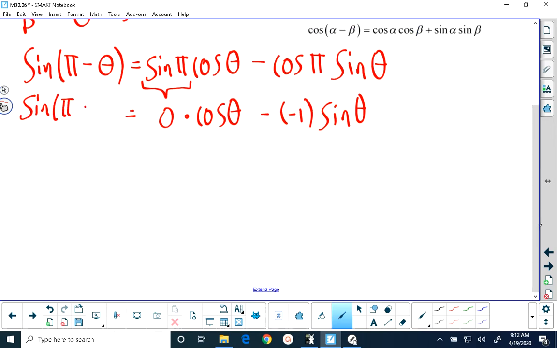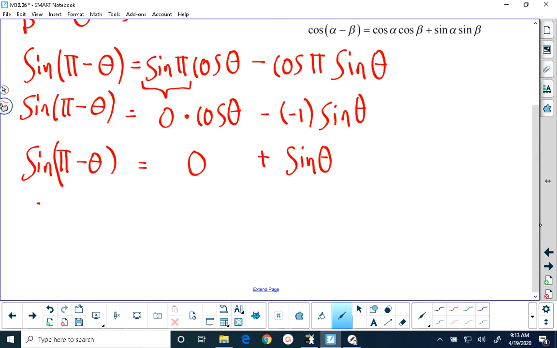Sine of pi minus theta is equal to 0 plus sine of theta, which means sine of pi minus theta is equal to sine of theta. The negative times the negative becomes a positive, and then of course 0 multiplied by the cosine theta is 0. So the answer to this question is sine of pi minus theta is equal to sine of theta.